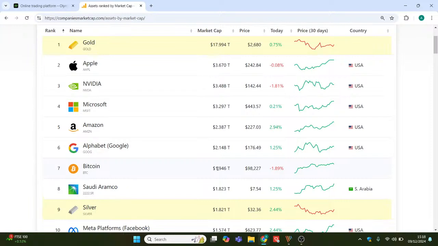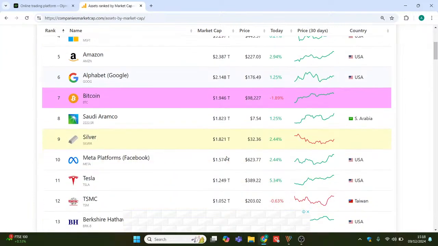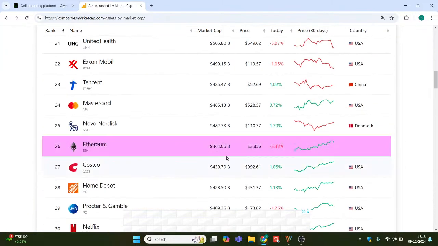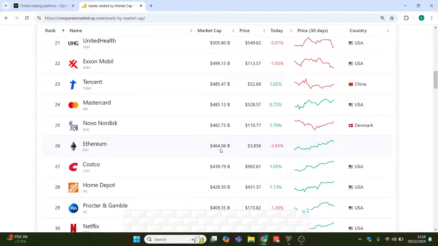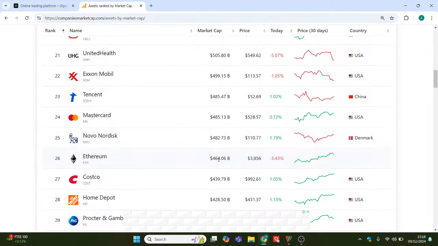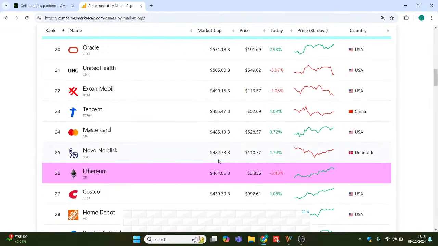So basically, we were kind of touching above 2 trillion on Bitcoin, and then where is Ethereum? Ethereum is here in 26th place. So it's valued almost 5 times smaller than Bitcoin, even though it has a more sophisticated ledger and its blockchain is more advanced than Bitcoin.